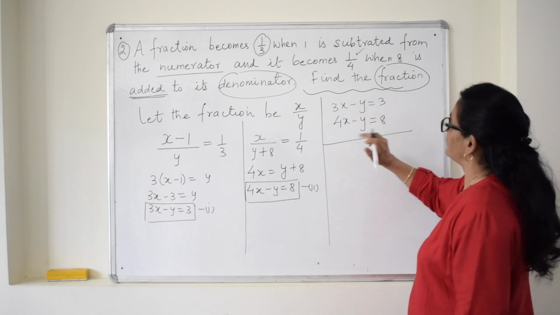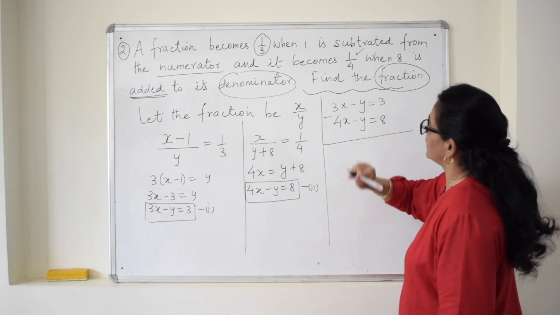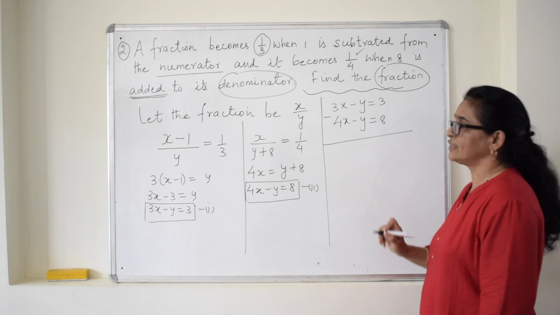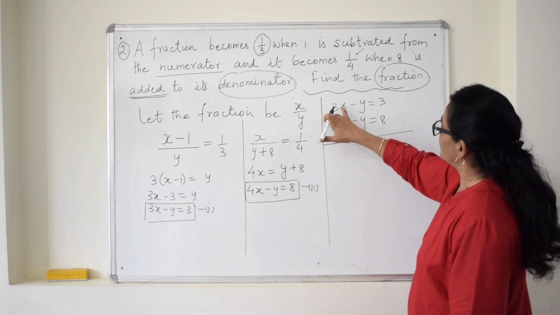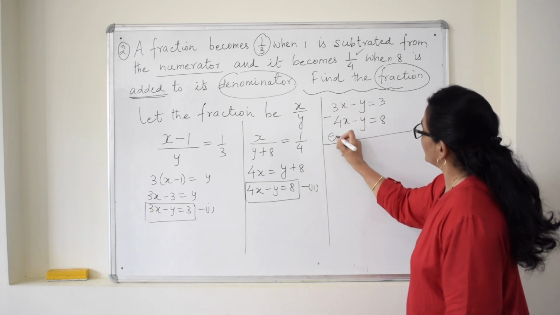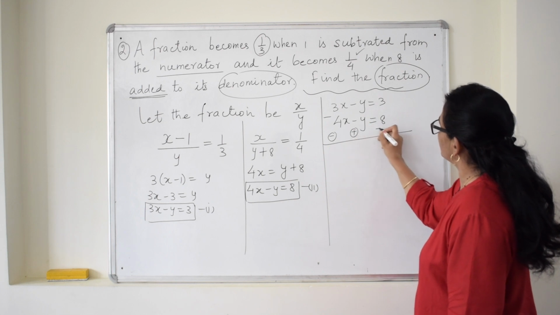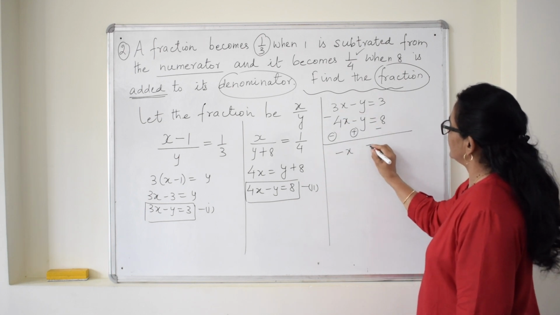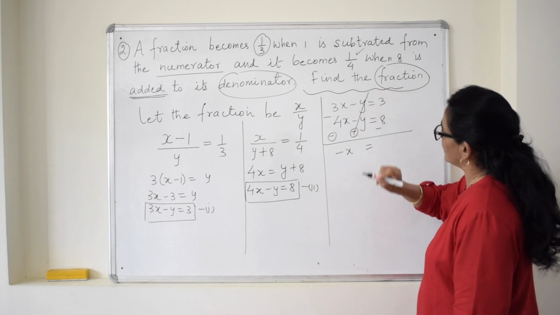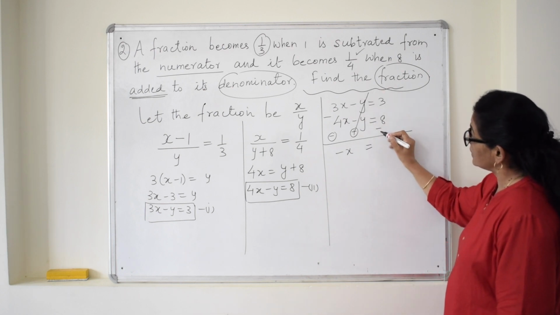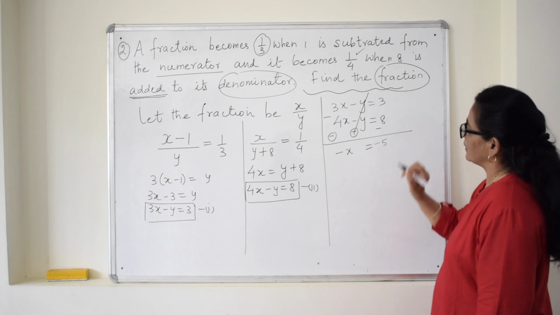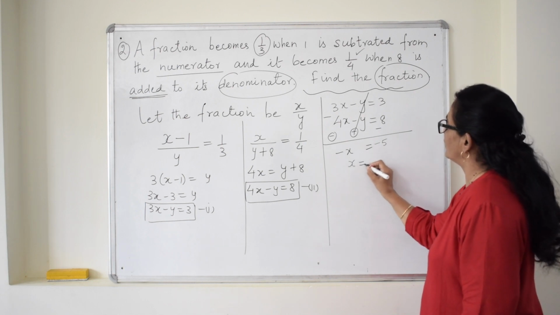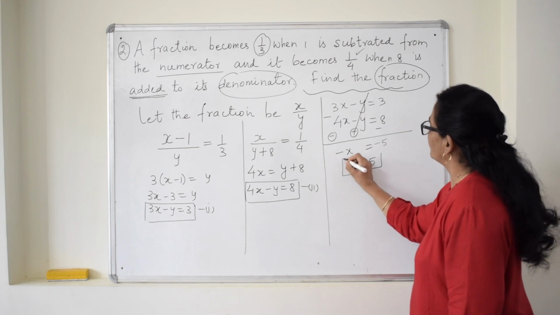We had seen that for the same sign, we have to subtract the equations. So this will be 3x minus 4x, the sign will be changed. So 3x minus 4x will be minus x is equal to, this minus y and plus y will be cancelled, 3 minus 8. So that will be minus 5. So we have got the value of x as 5.